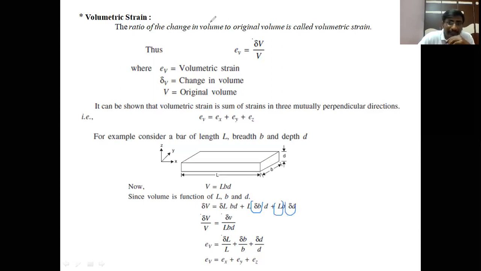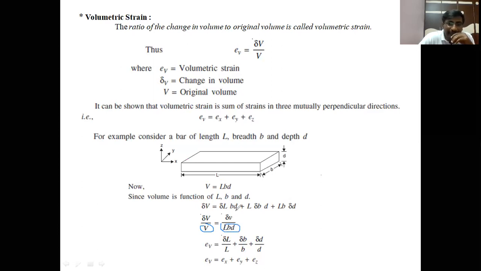From this equation, delta V by V can be written by dividing the equation on both sides by the volume. Volume means LBD.